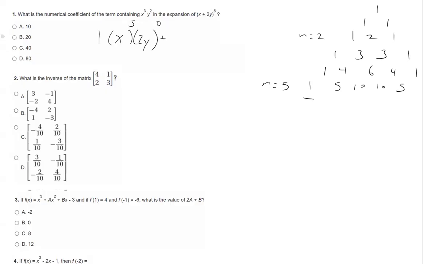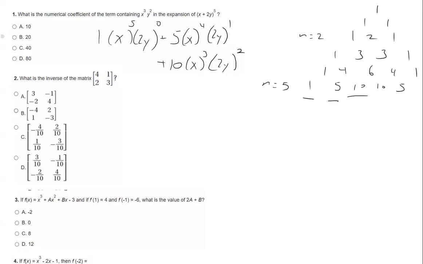And then the next term, we take the next coefficient, which is 5. It'll be x to the fourth, 2y to the first. And then the next term, we take the next coefficient, 10, x cubed, 2y squared. And if we distribute these exponents, we get the x cubed y squared that we need.